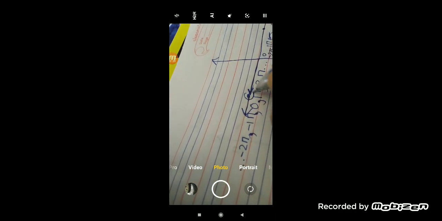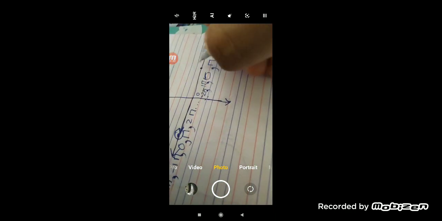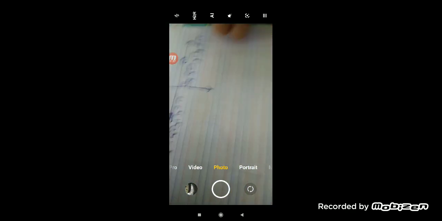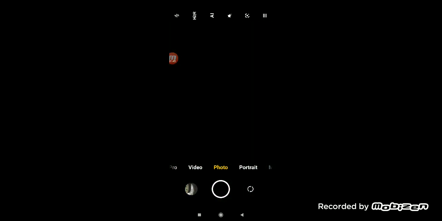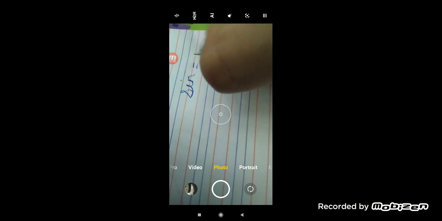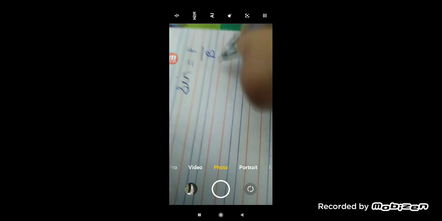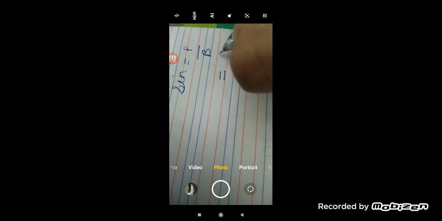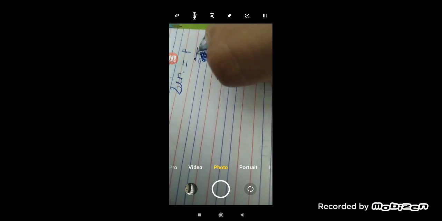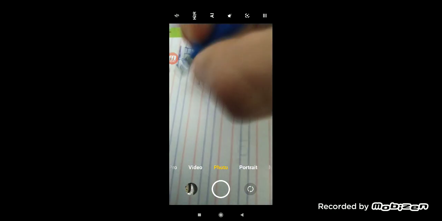Why is it 0? Because, what is sine? Sine is p by h, perpendicular by hypotenuse, right? So what is p by h?